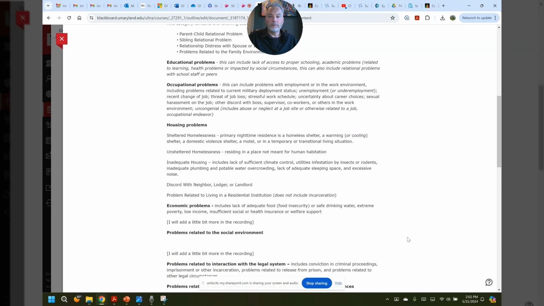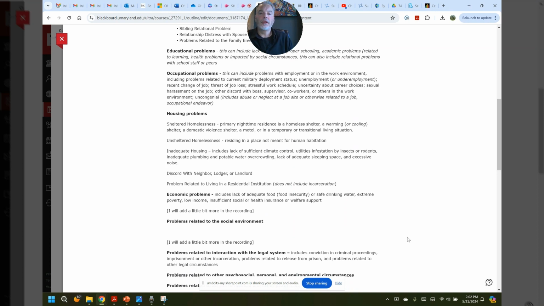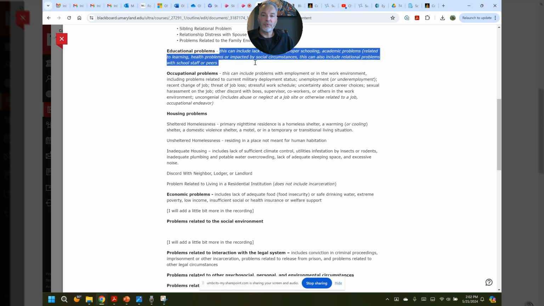Okay. So I just added a little bit here under educational problems, it's in italics. I added a little bit more to that definition, what comes up to me in terms of educational problems, again, this is just from me. Lack of access to proper schooling. That can be the state of the building, where the physical structures of the school are so bad that it really interferes with the children's ability to learn.